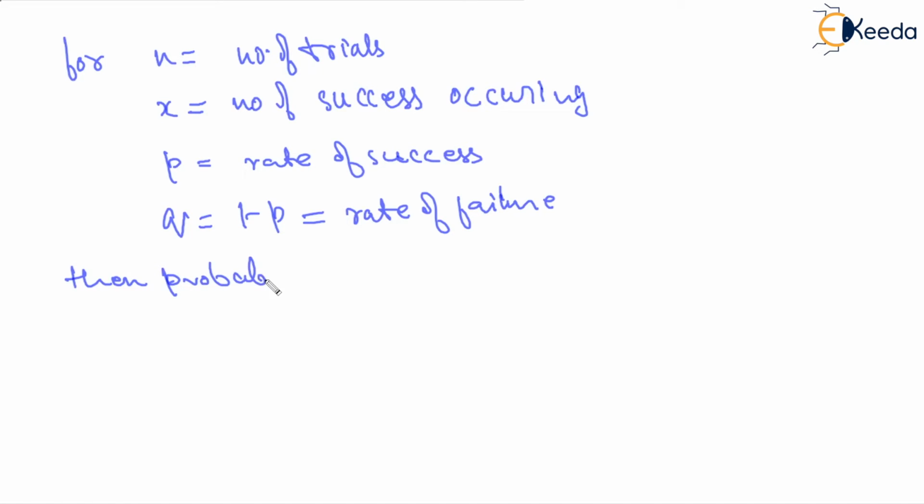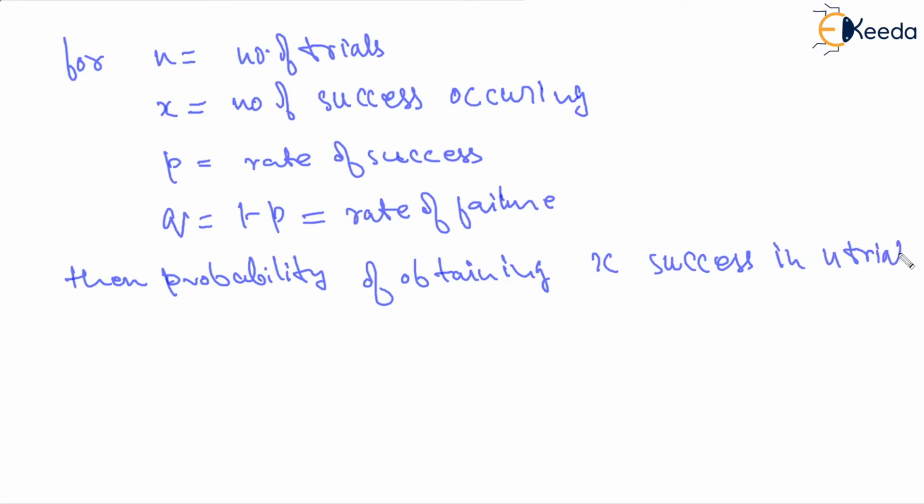Then the probability of obtaining x successes in n trials is given by f of x equal to nCx p to the power of x and q to the power of n minus x.